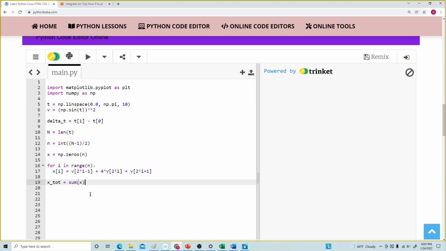So I'm going to take delta t divided by 3 and multiply that by the sum of our loop. And before we run the program, let's see what the answer ought to be.